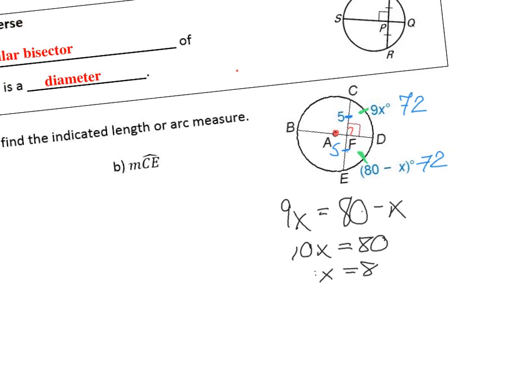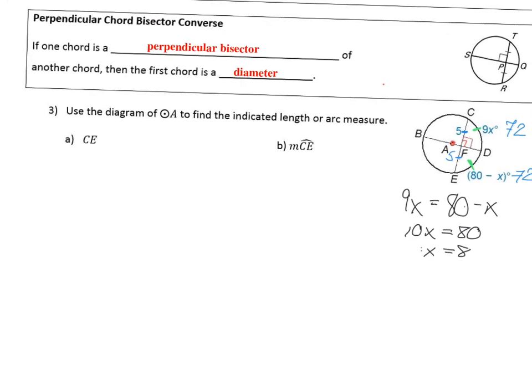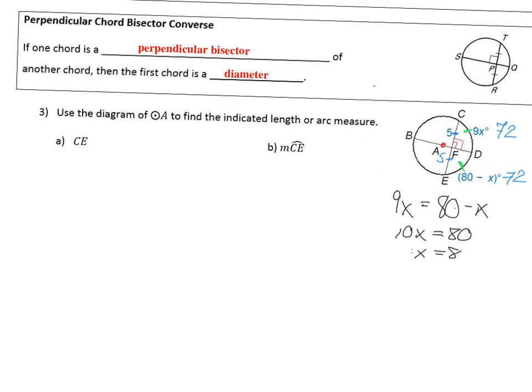So based on all that, I should be able to go back and answer the questions they're asking. First one they wanted was CE. Well, in my picture, we got 5 and 5, which tells me CE is going to be 10. And the measure of arc CE, which includes arc CD and arc DE, 72 and 72, gives me 144.